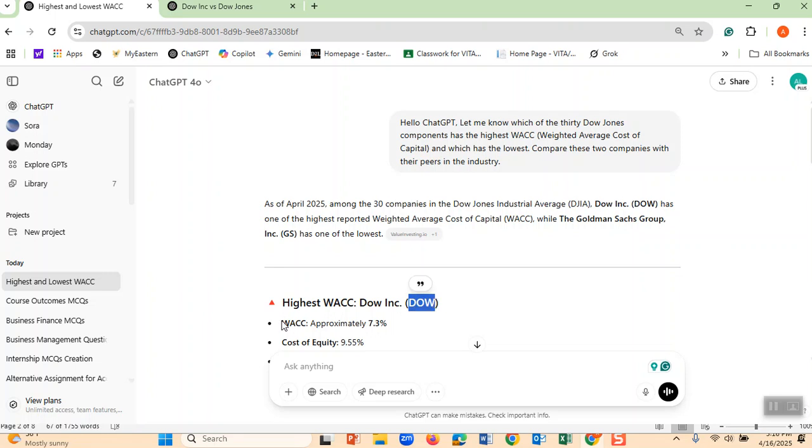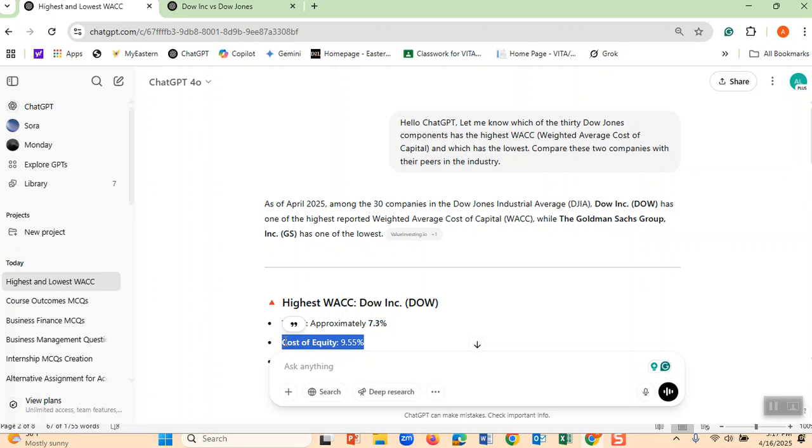As you see, I asked ChatGPT which one of those 30 companies has the highest weighted average cost of capital, and that is approximately 7.3%. It means that when it gets a loan and when it brings partners like the doctor, this company brings partners, meaning shareholders like the doctor, who is hoping to get 9.55% back.